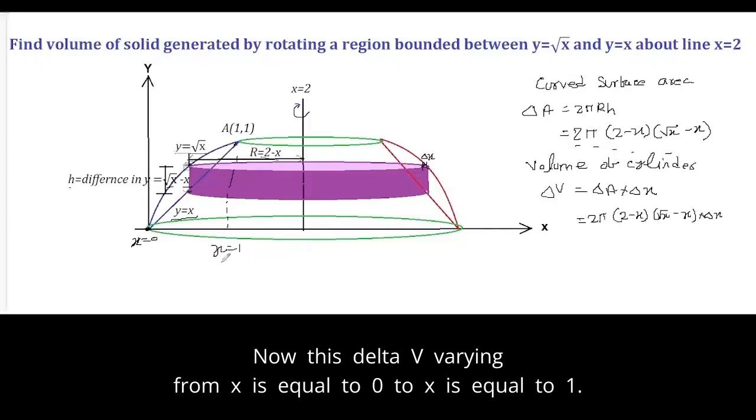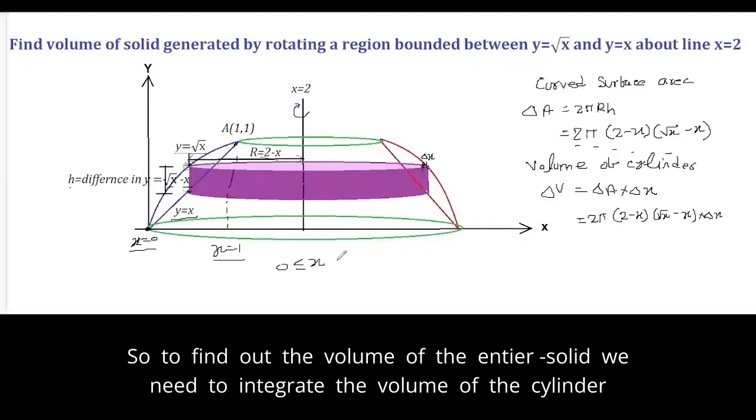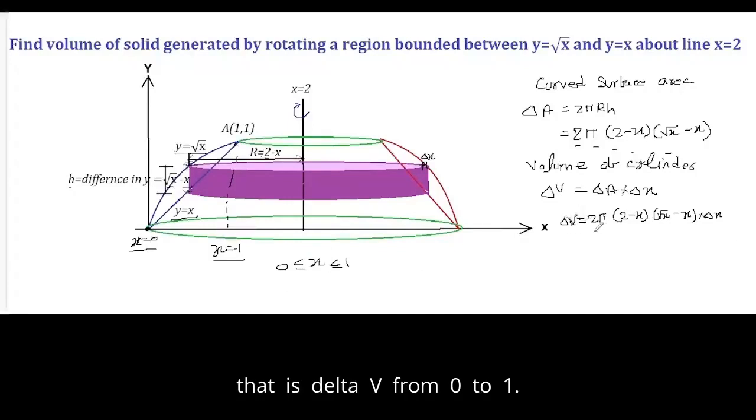Now this delta V varies from x equal to 0 to x equal to 1. So to find the volume of the entire solid, we need to integrate the volume of the cylinder, delta V, from 0 to 1.